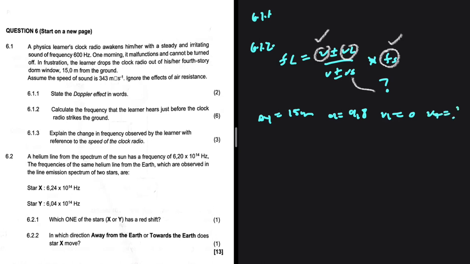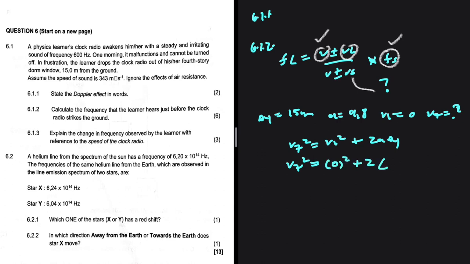So the simplest formula here to use should be VF squared is equal to VI squared plus 2A delta Y. So VF squared will be equal to VI, that is 0, so we have 0 squared plus 2 multiplied by the acceleration.